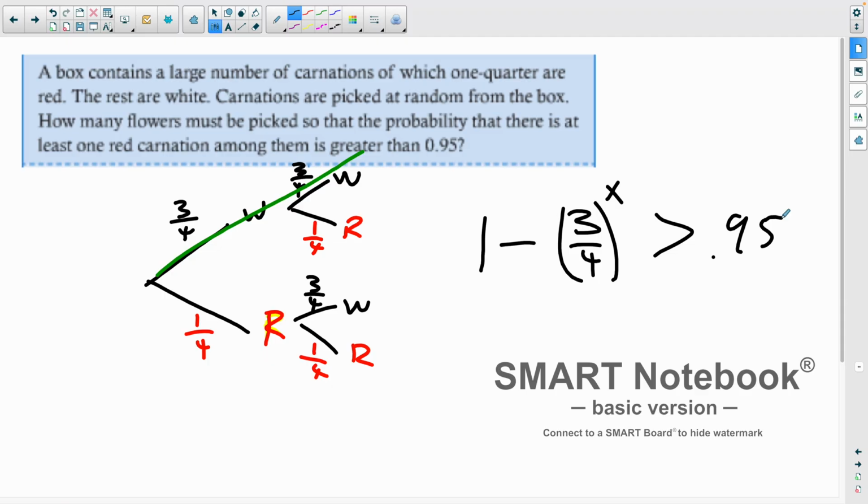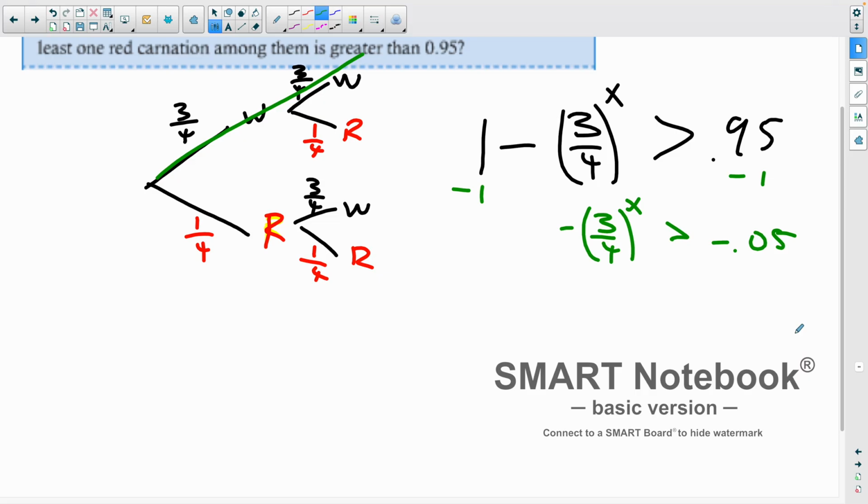You got your calculator, you can just go plug it in, correct? If you have your calculator, we can go graph it. I'll do that here in a second. If we didn't have our calculator, then I would probably subtract 1. I'd go negative 3/4 to the x is greater than negative 0.05. There's a negative here and a negative there, but what happens if I make them both positive?